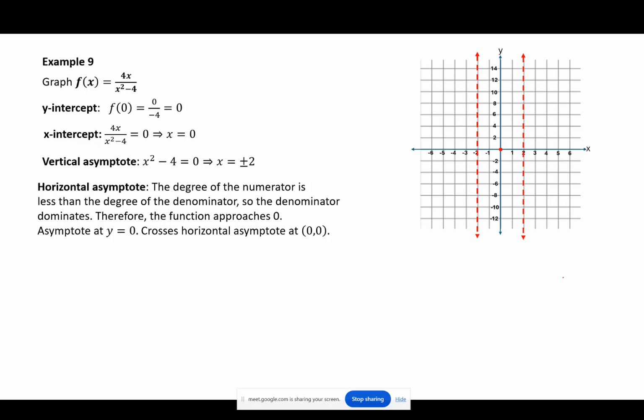So the asymptote at y equals 0, that is the x-axis, and it crosses it, you can already tell, at 0, 0, because we already found the y-intercept, the x-intercept. So this is what we've got. The slant asymptote: the degree of the numerator is not one more than the denominator, so there is no slant asymptote.